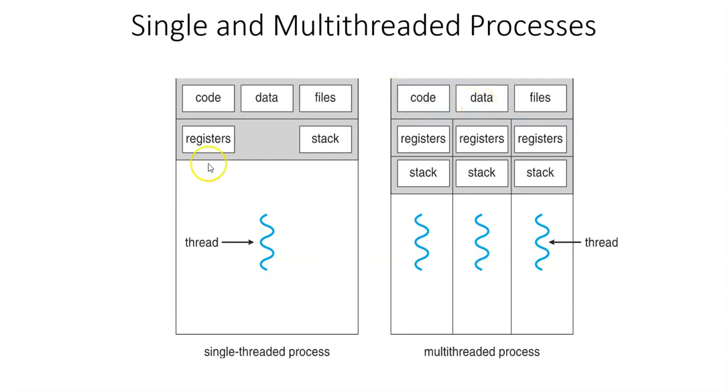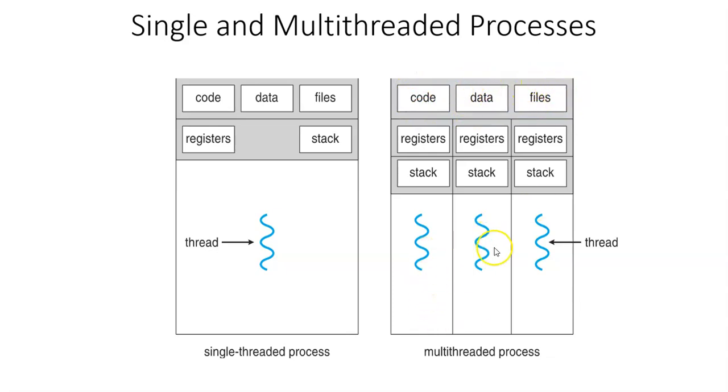Then instead of creating separate processes, we can create threads within the same address space. As you can see here, we have created 3 threads within the same address space. Each of these threads is going to use the same code, operate on the same data, and use the same files.